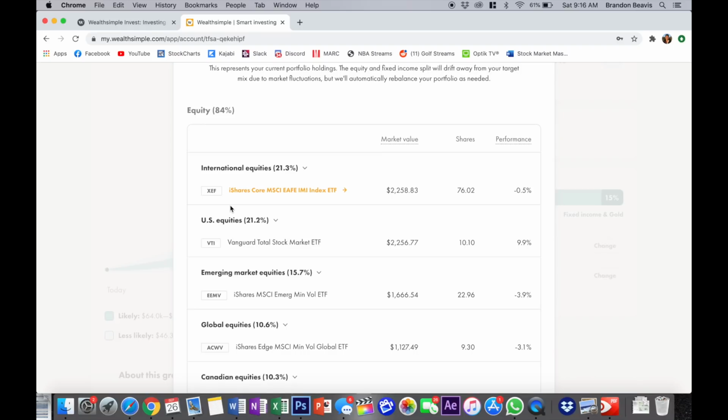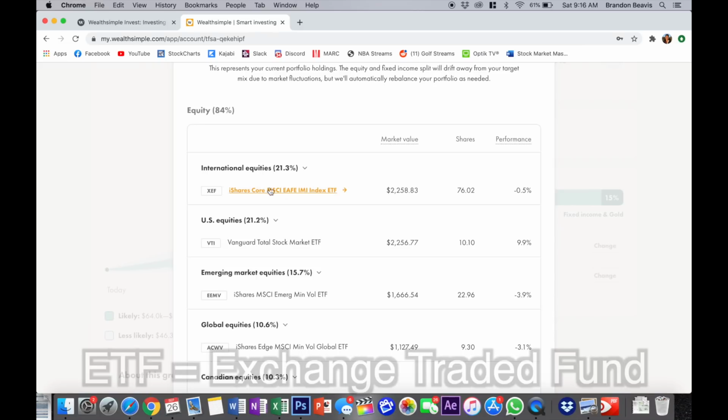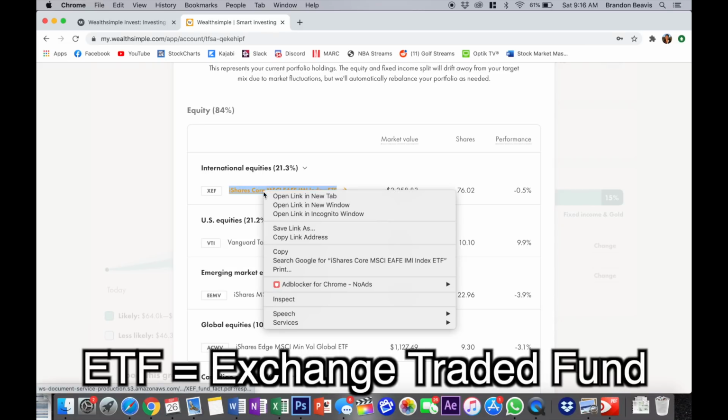And the investment that Wealthsimple has recommended in this case is an investment titled XEF. It's the iShares Core MSCI EAFE IMI Index, which I know is a crazy name, and don't worry, you don't have to know that type of thing. But essentially, this is what's called an ETF, or an exchange traded fund that invests in international equities.